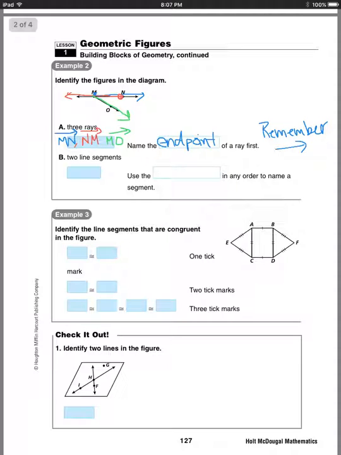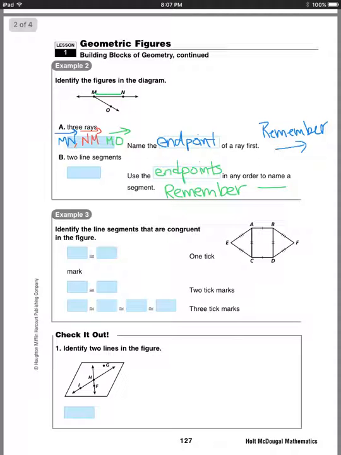Now we need to name two line segments. So let's erase our colors up here. So we are going to use the endpoints in any order. And we are going to remember to put that above our letters. So we have one line segment here.